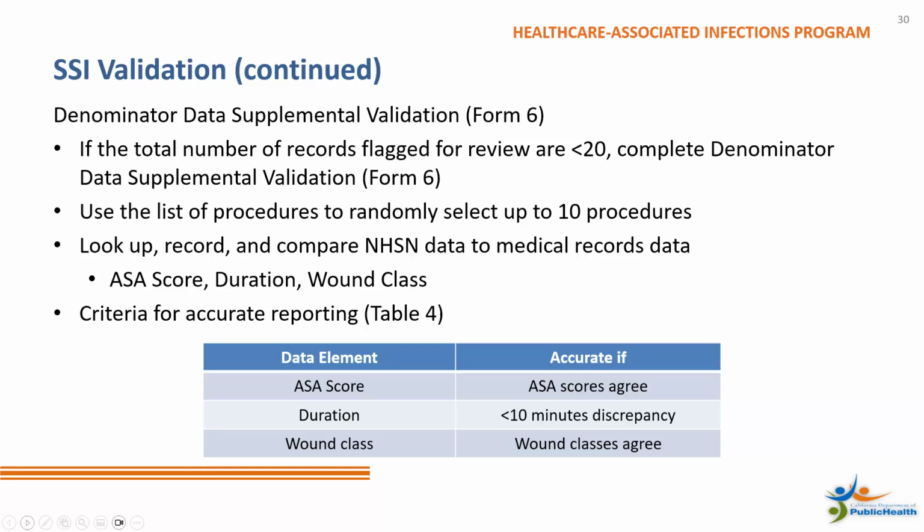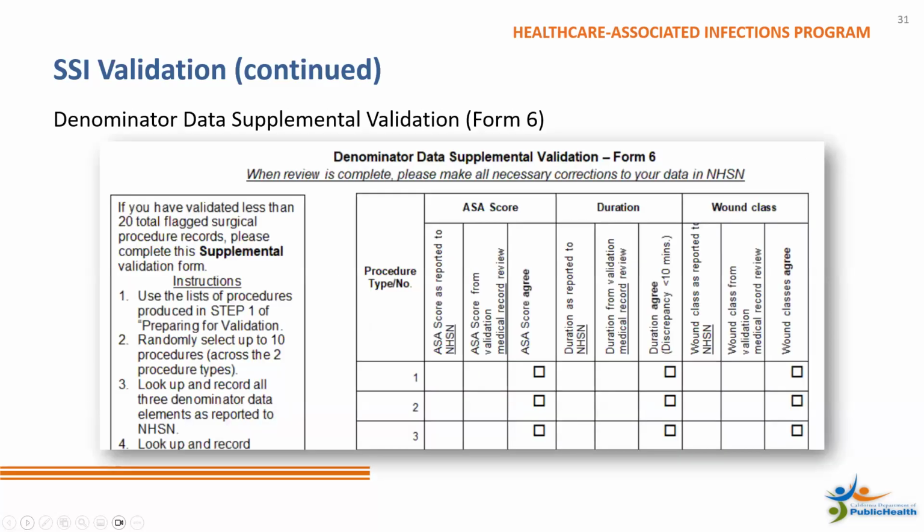And then with the wound class, that sometimes has a difference between what's recorded by the circulator and what's recorded by the surgeon. So look at what was uploaded into NHSN as the wound class and see if the wound class actually agrees with the medical record. Next slide, please.